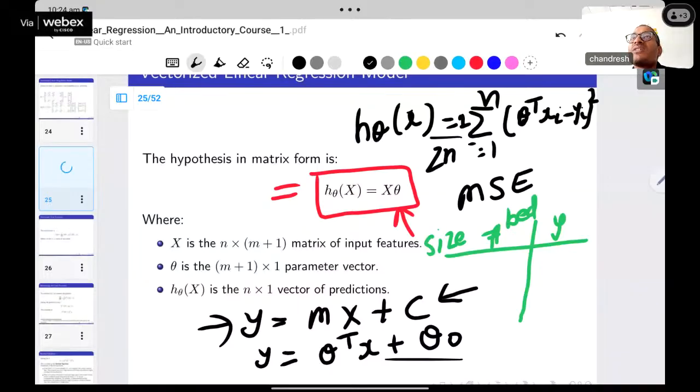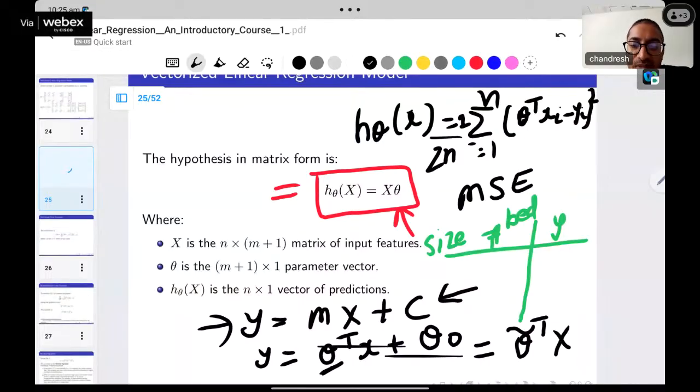But in higher dimensional space, let's say 3D and higher, we use an equation like this: theta transpose x plus theta 0, where theta 0 is the intercept and theta is your parameters. Besides, theta 0 is also part of the parameters, and sometimes we observe theta 0 included within theta itself, and we write it in a neat form, theta transpose x. Okay, so that is our model.